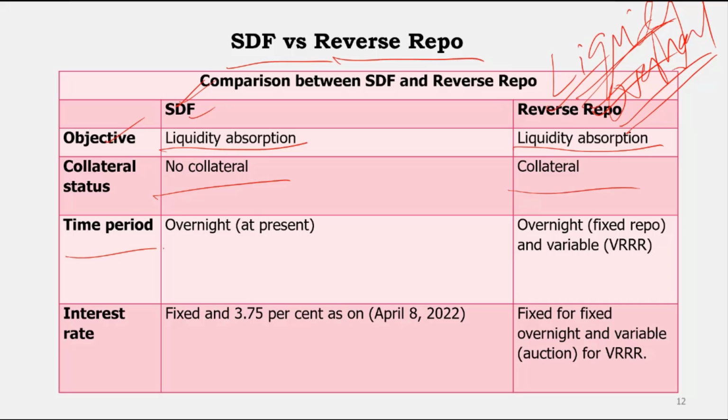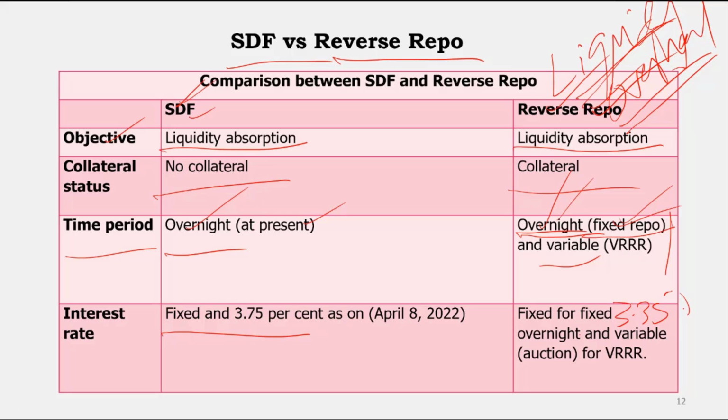Regarding the time period, that is also very significant. Both instruments are overnight. The interest rate at present is 3.75% as of April 8, 2022. On the other hand, the interest rate is 3.35% in the case of overnight reverse repo.